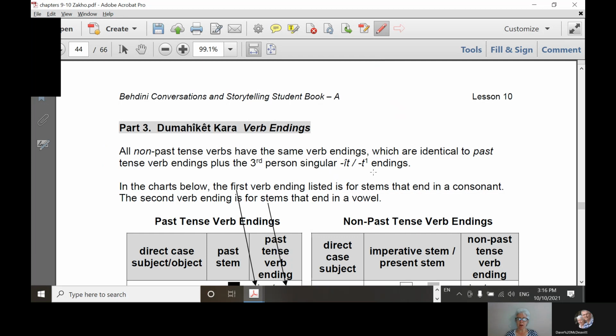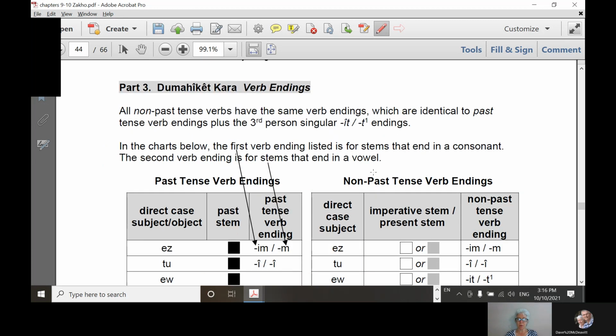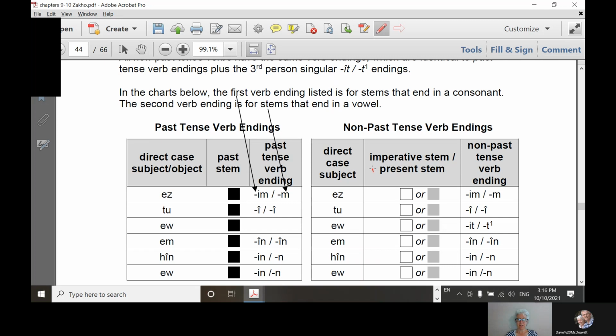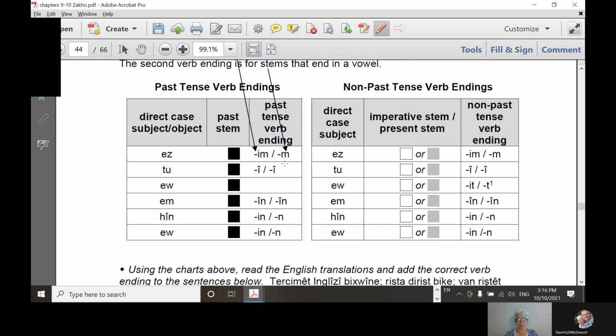So if you compare your past tense verb endings, which is this one here on the left, here's your past tense verb chart. So here's your past stem, and then your verb endings. See these? This is what we're comparing.